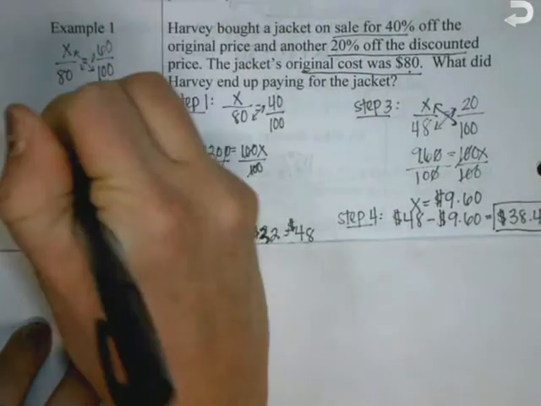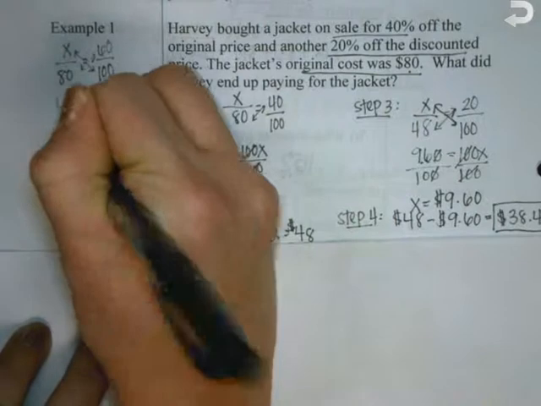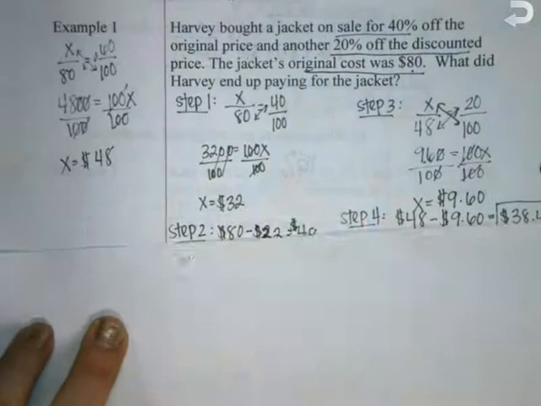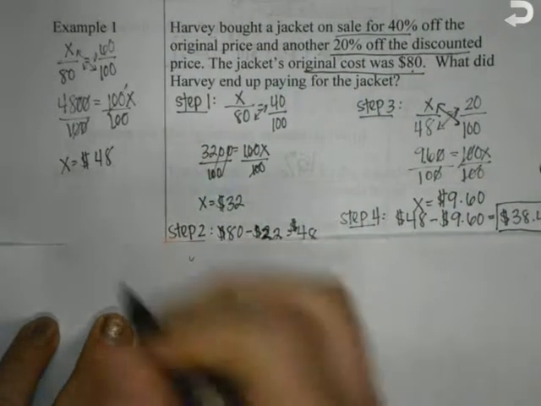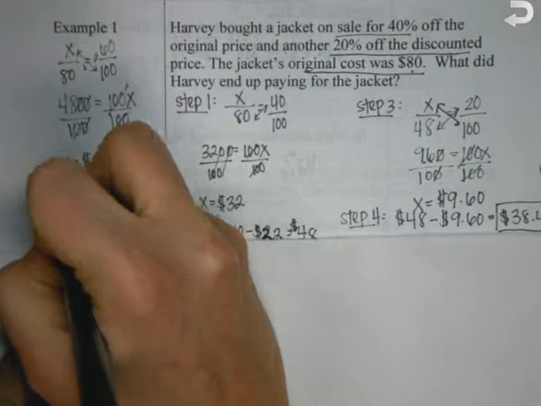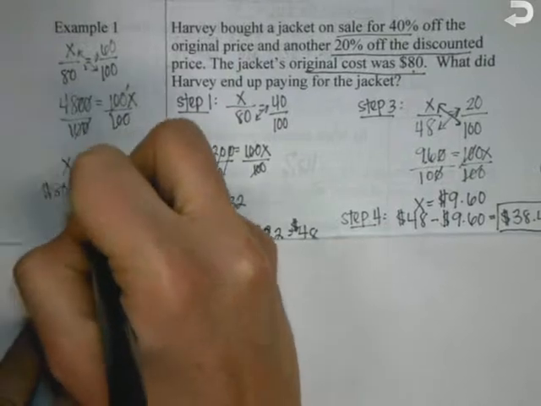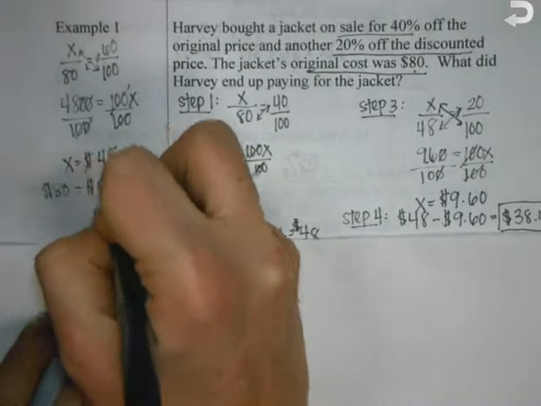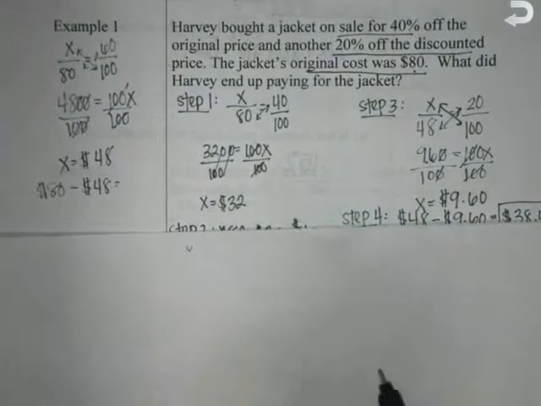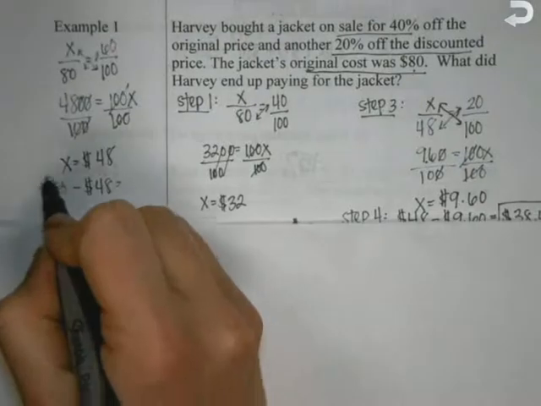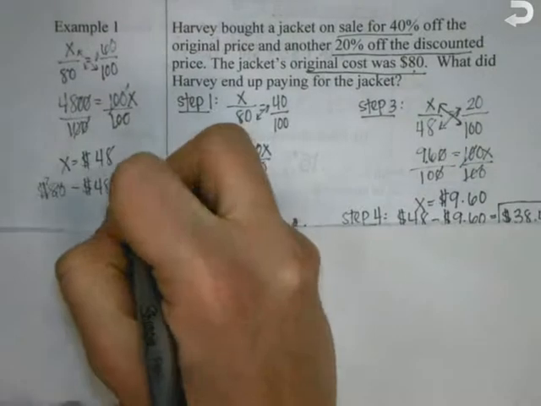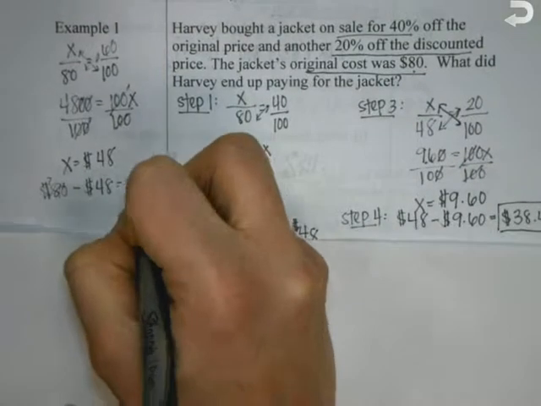Okay, so then I take $80 minus $48 and I get, I need to borrow, 32. And I get that he only paid $32.